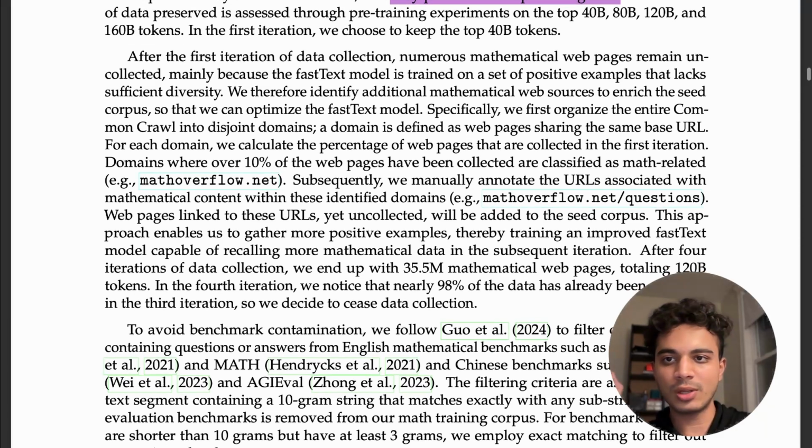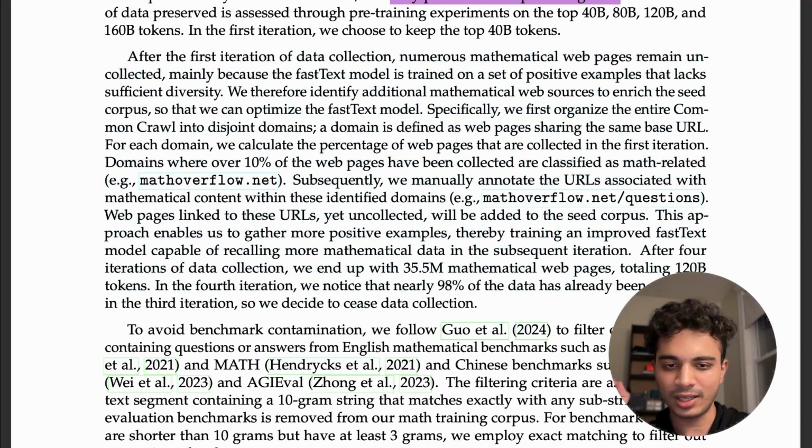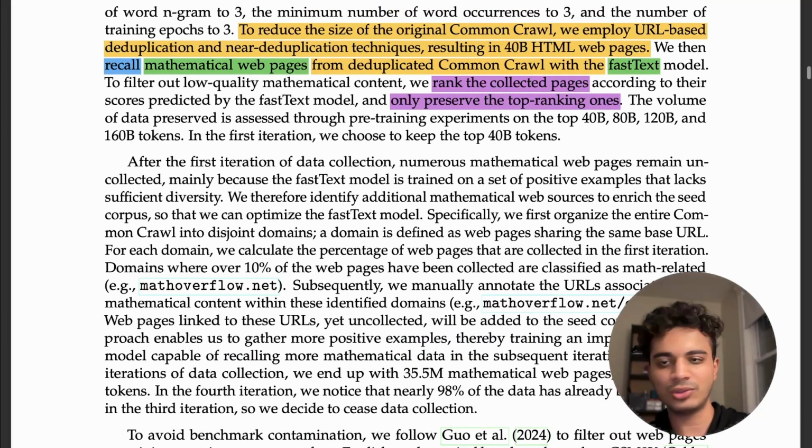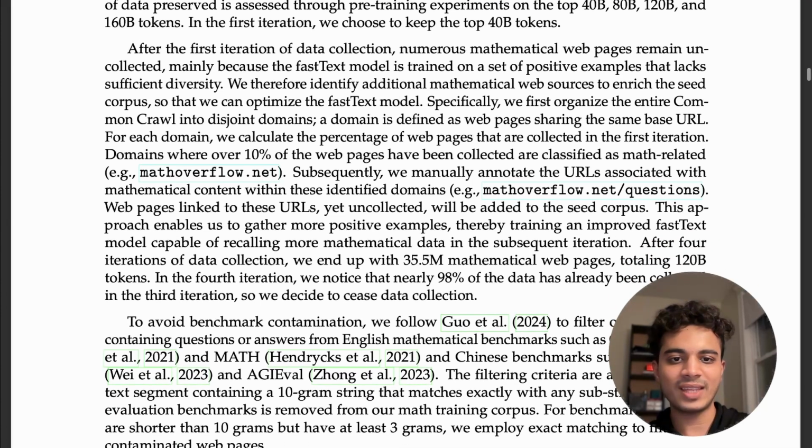There's a good amount of explanation on how this process is taking place, and this is something we should talk about. We noticed that nearly 98% of the data in the fourth iteration, by the way, I was talking about the first iteration only. Similarly, they keep doing the same process, and they noticed that nearly 98% of the data had already been collected in the third iteration, so they decide to cease data collection.